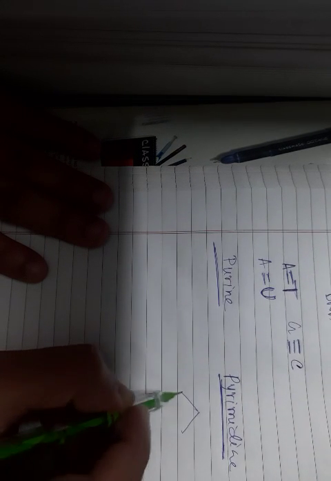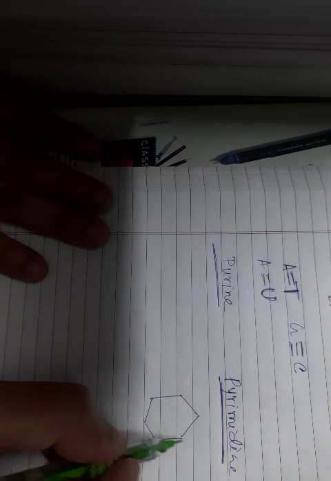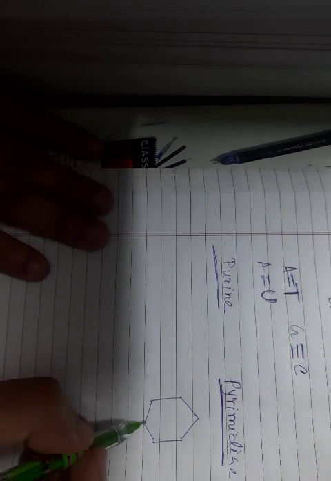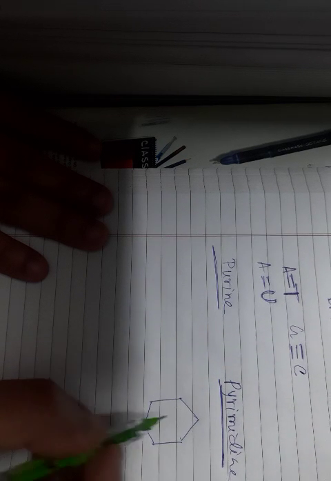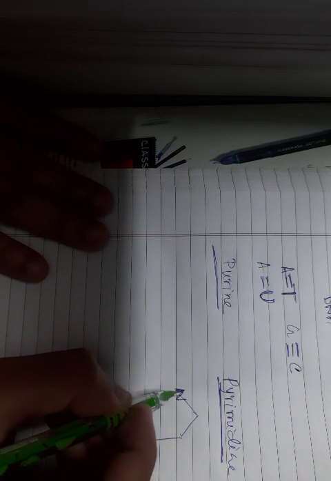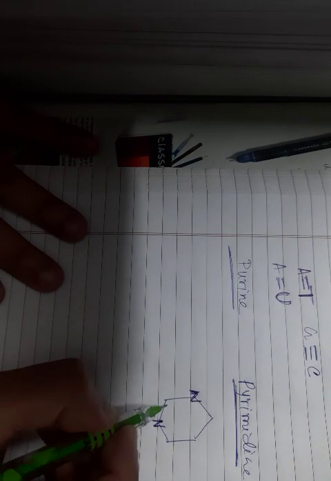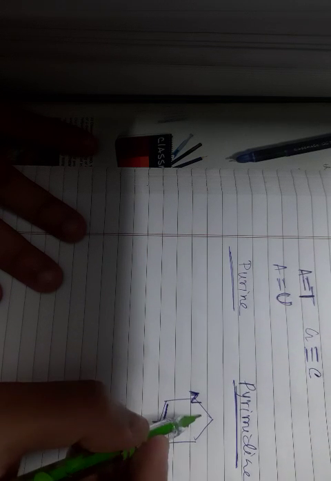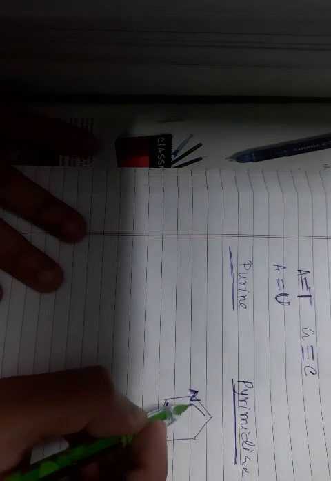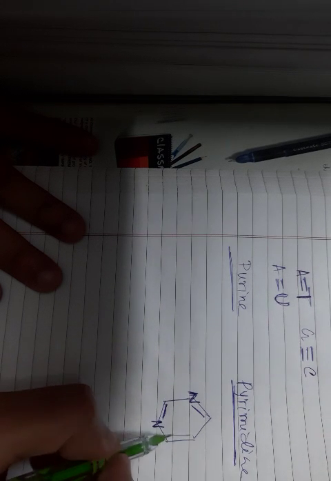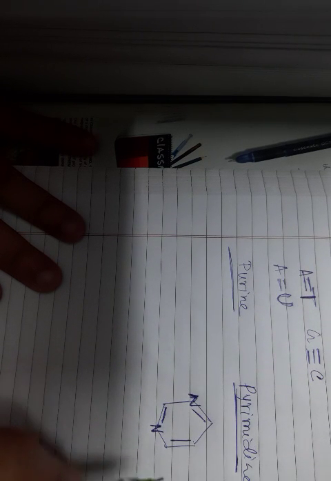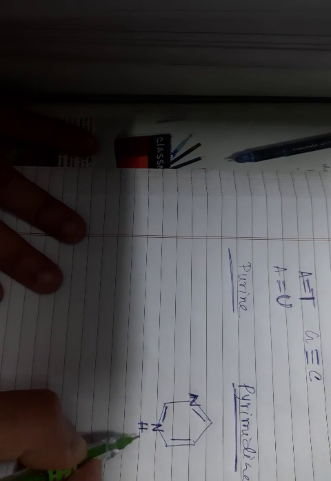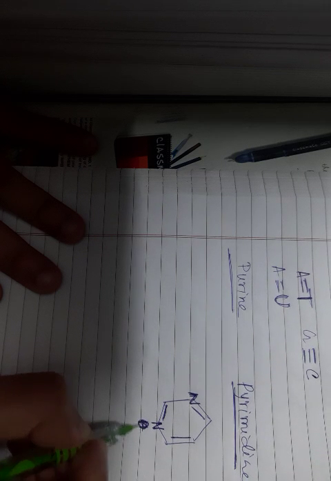Okay, so it is a 6-membered ring, but not a 6 carbon ring. Here it is not carbon, here it is nitrogen, and here too it is nitrogen. Just before this nitrogen there is one double bond, and after skipping one there is another double bond, and after skipping one there is another double bond out here. Sorry, I have made a mistake.